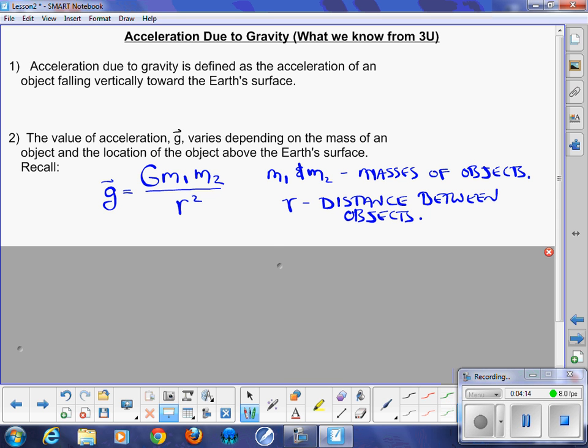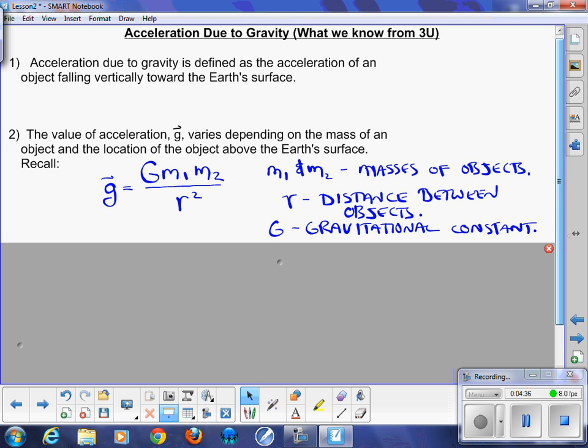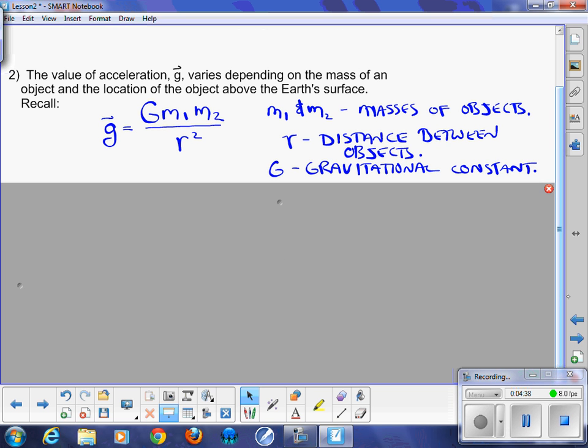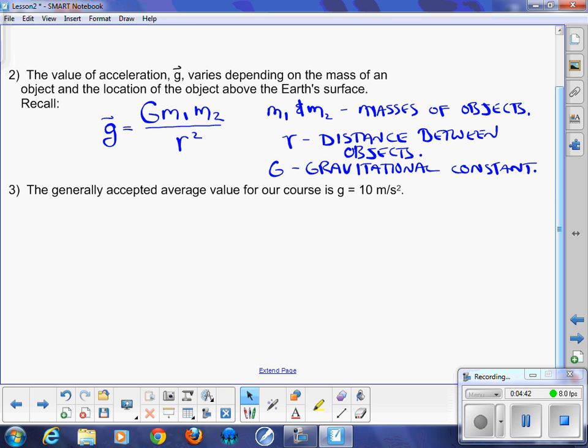All right, and then g is gravitational constant, which I will provide on tests, since I provide you with all the constants or necessary information. You're responsible for formulas. So that's why gravity varies, is because our distance between our bodies and the center of the Earth vary depending on our elevation on the planet. So that's why our gravity ranges from, say, 9.79 to 9.85 on Earth.